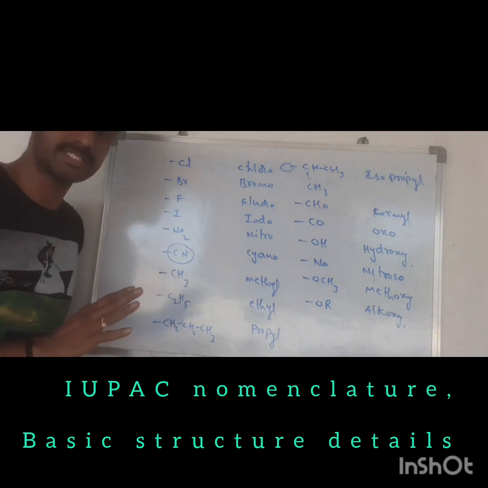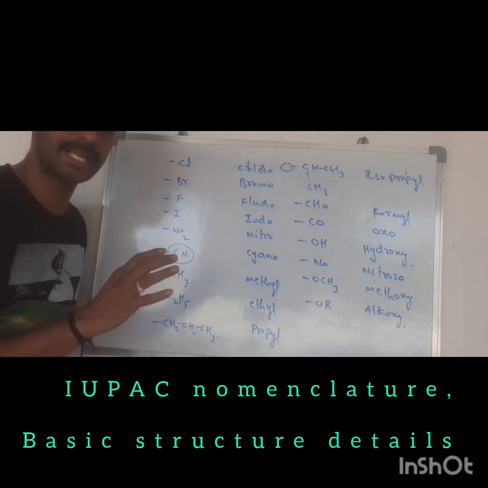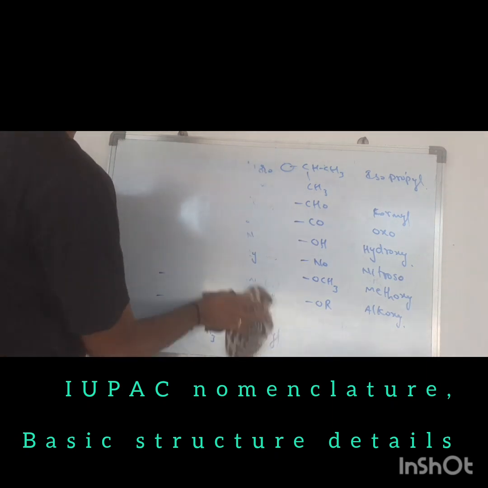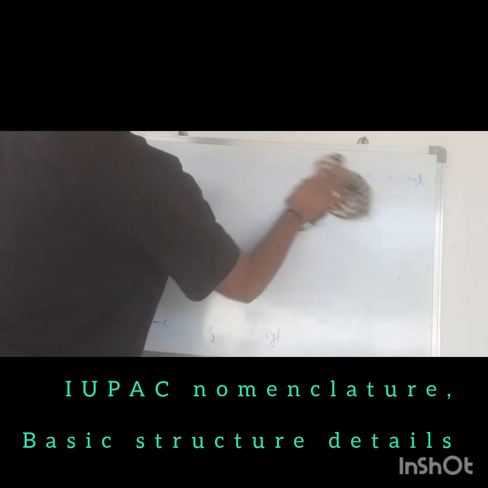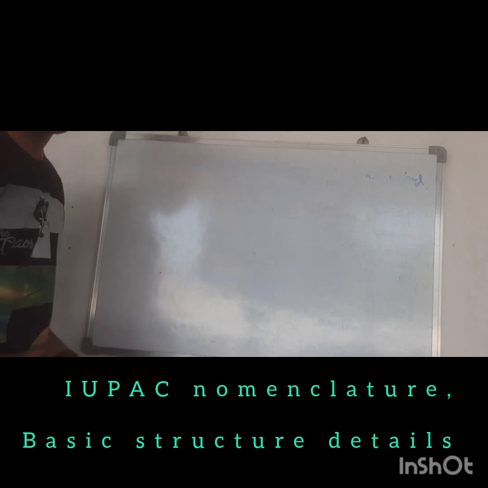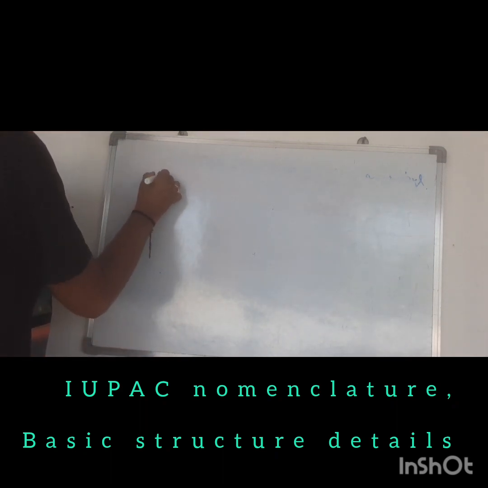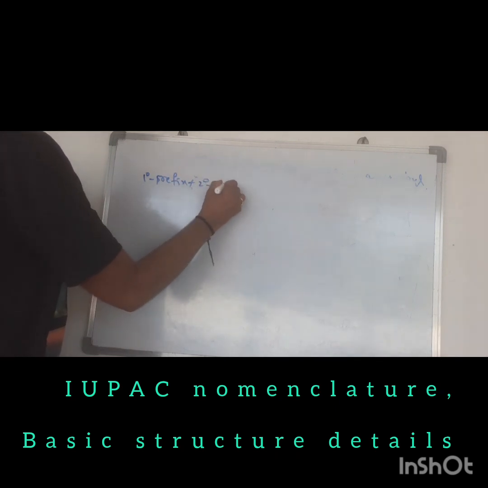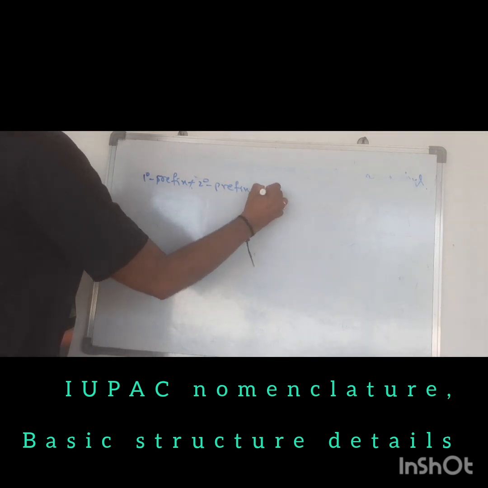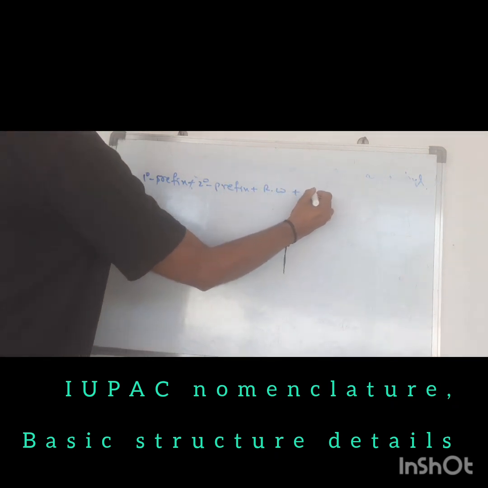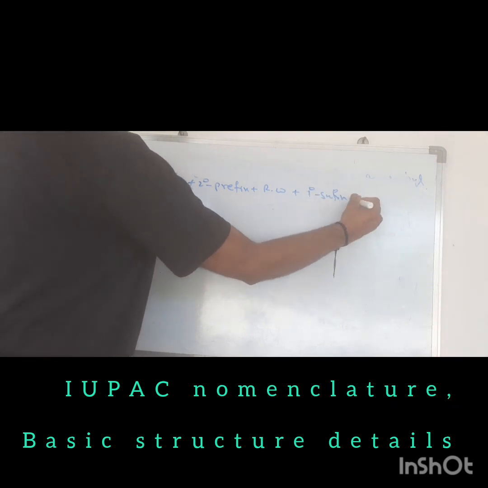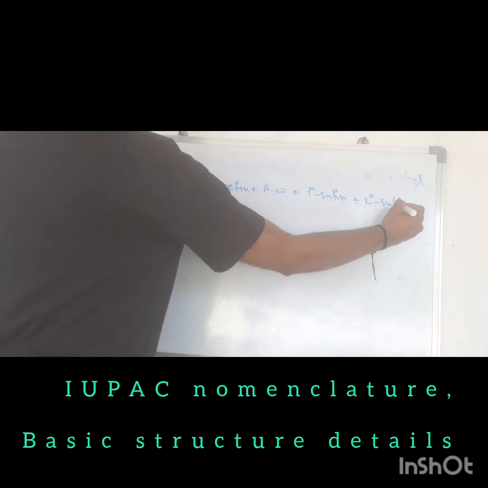So this is the basic structure of an IUPAC organic compound name: primary prefix plus secondary prefix, root word, primary suffix plus secondary suffix.